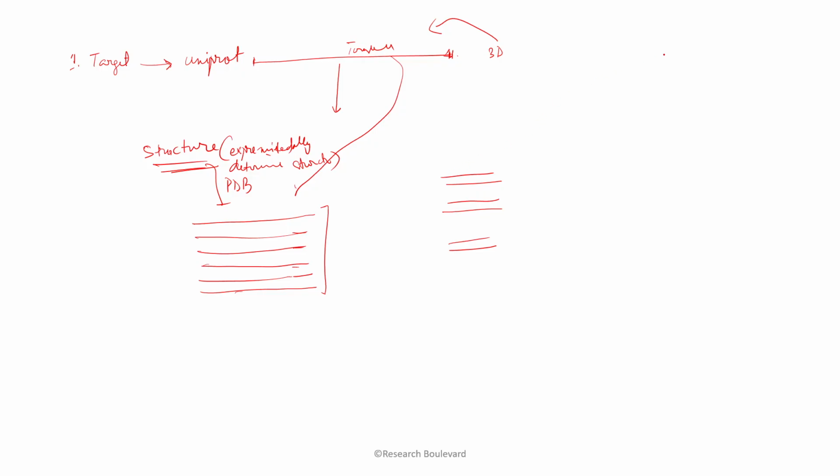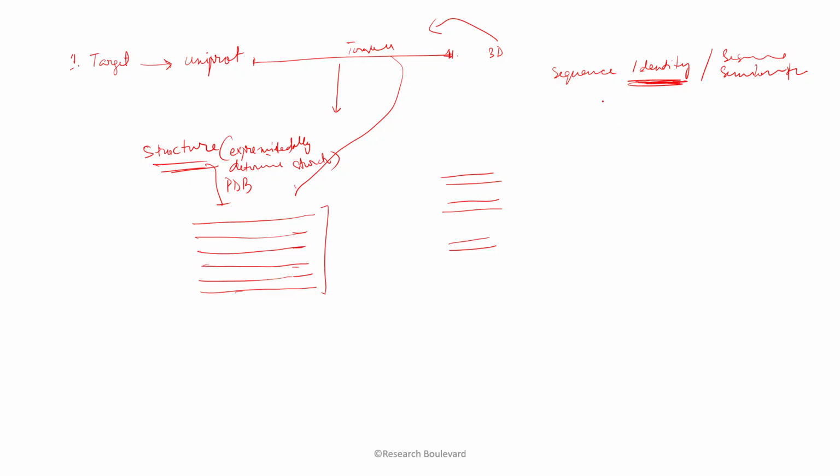But there are some criteria that you have to follow. There is something called sequence identity, or sequence similarity. We are looking for sequence identity in this case for selecting the template structure.